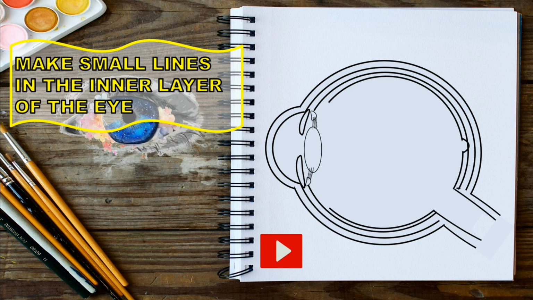To complete the diagram, make small lines in the inner layer of the eye.